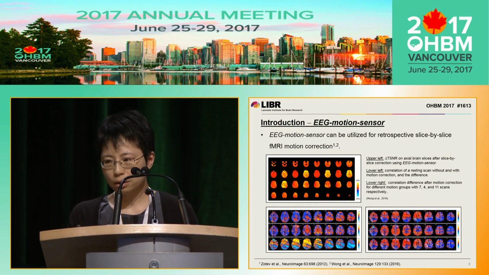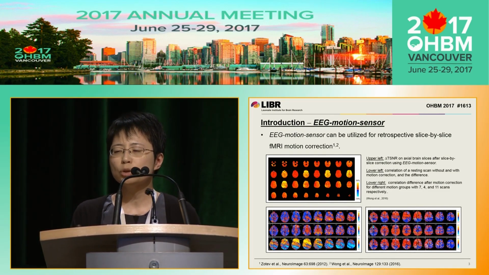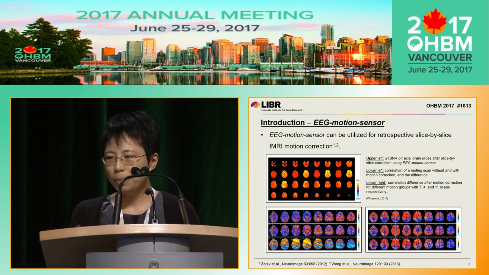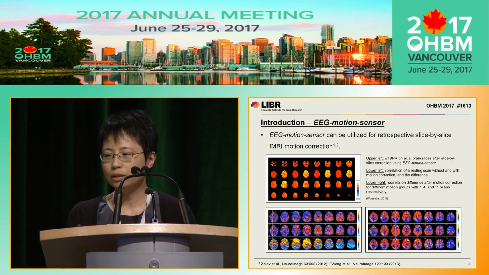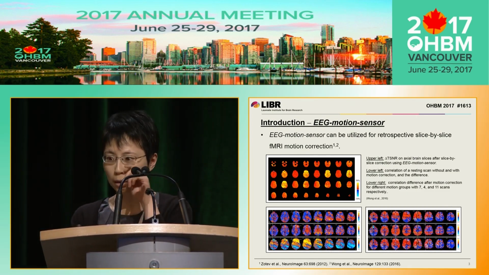Here are the previous results using the EEG motion sensor. The upper left figure shows the improvement in the temporal signal-to-noise ratio on the axial slices after the slice-by-slice motion correction using the EEG motion sensor.